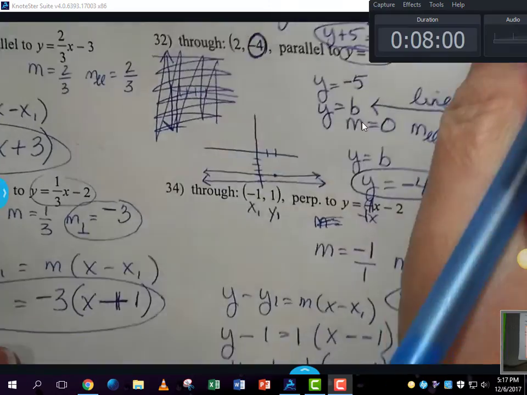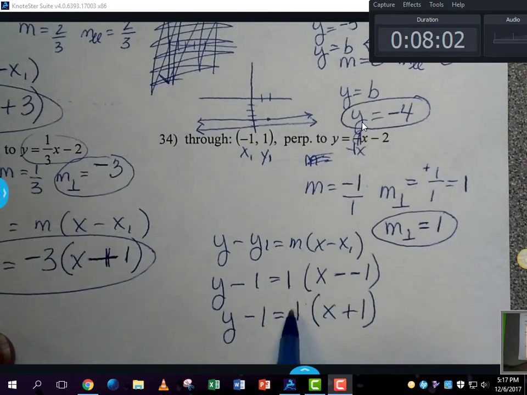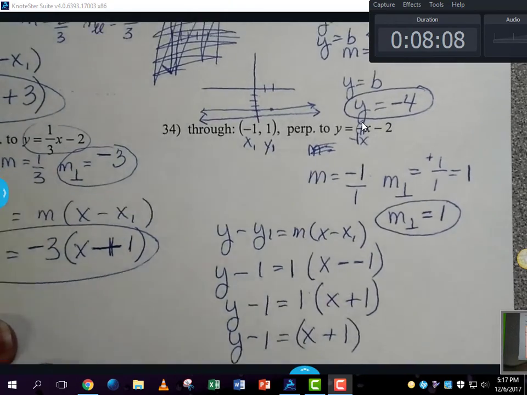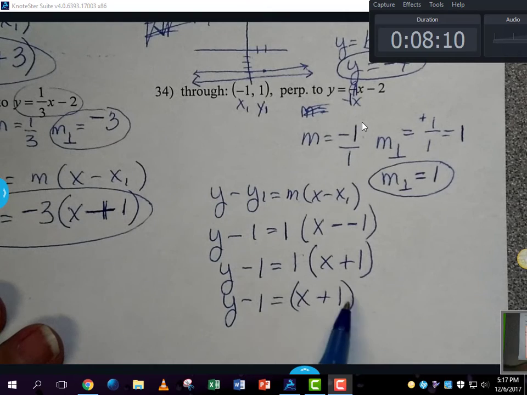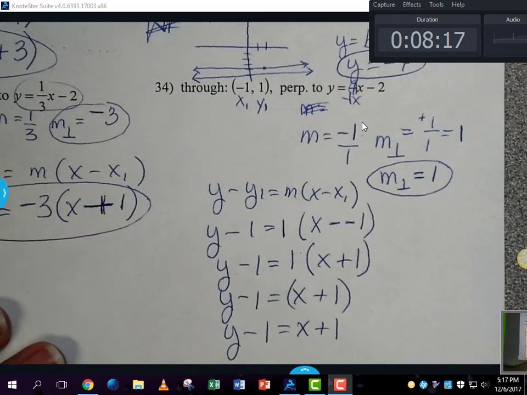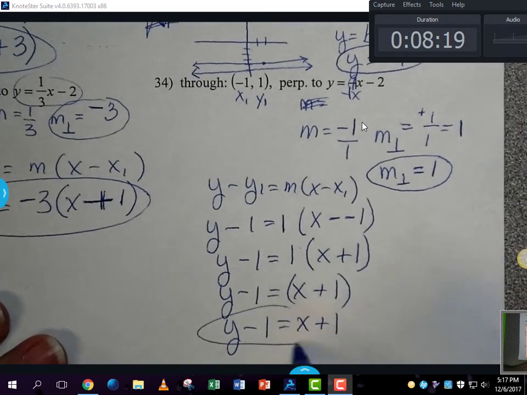Okay, this is simplified. You could also drop this 1. And since this is a positive 1, you actually could even drop the parentheses. And that is the equation we're coming up with.